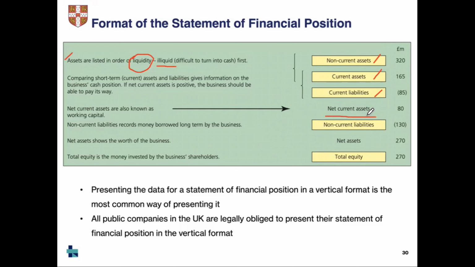It's a very important calculation on the balance sheet or on the statement of financial position because it tells us how liquid the business is. All right, so let's make sense out of it here. So we have 165 million in current assets. These current assets include our inventory, our cash, our receivables.